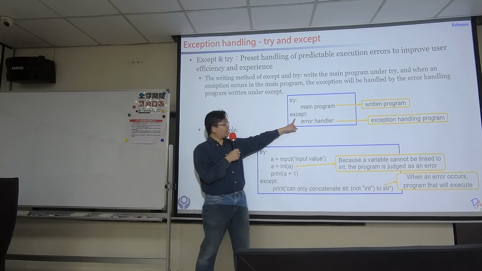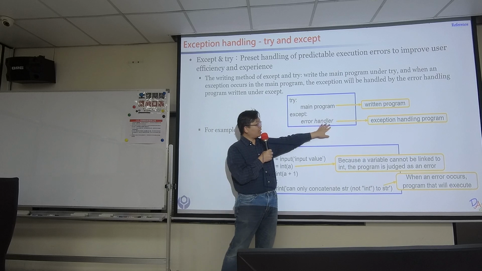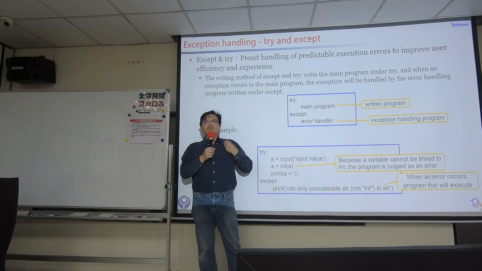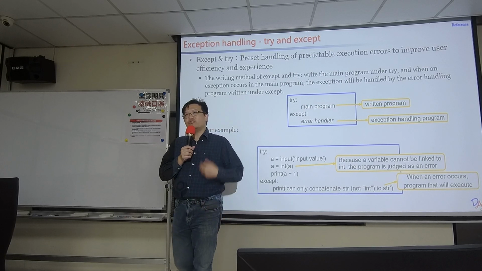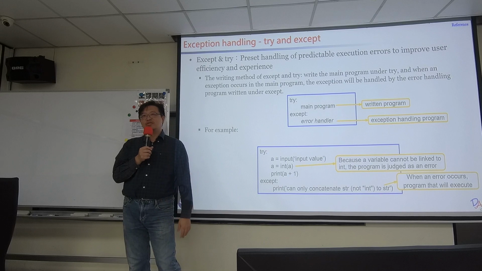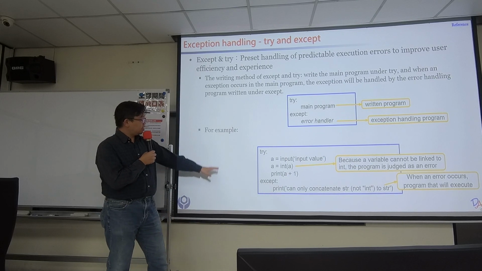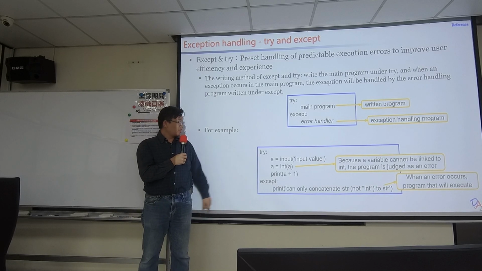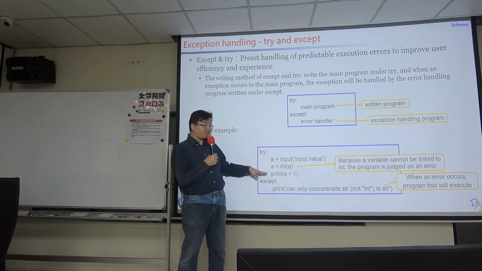So usually inside this except, you can handle something, you can provide a message, usually like an error message. Okay? So in this following example right here, it's trying 3 lines of code.